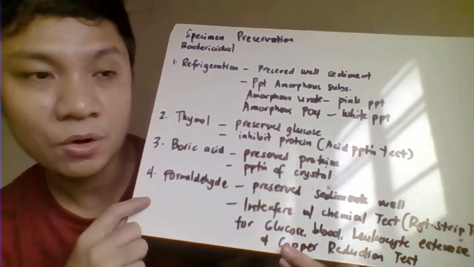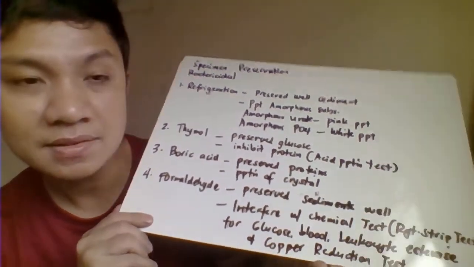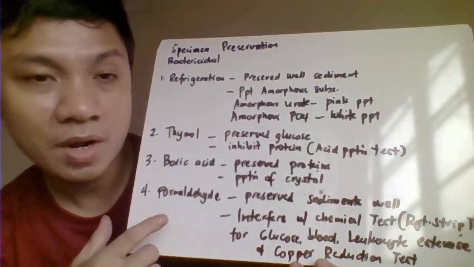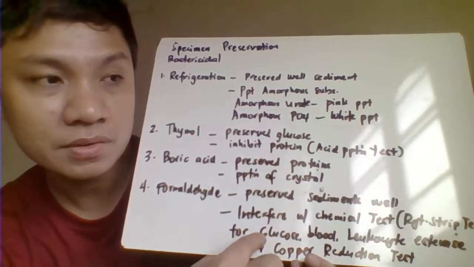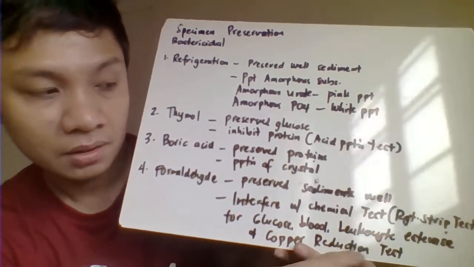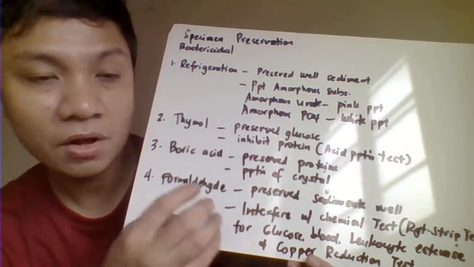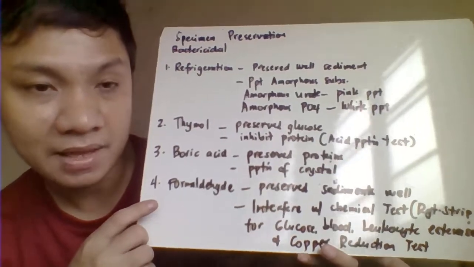Since oxidation ito, it will interfere with the test results. Examples of the tests in your reagent strip test pad that we utilize are the following. We have the test for glucose, test for blood, test for leukocyte esterase, and the copper reduction test. All of these will be affected if your specimen has been added with formaldehyde.